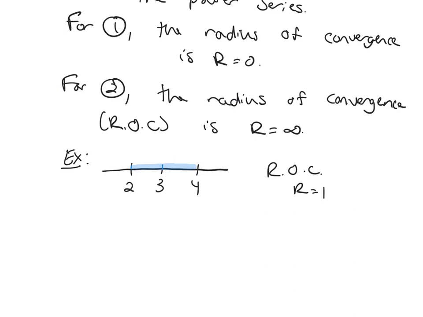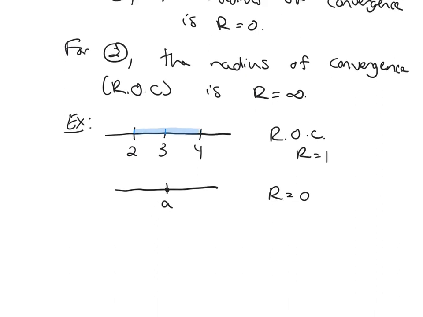If it converges for just a single value, then you don't really have an interval anymore. It's just a single point. And so that's why you're saying the radius of convergence is 0 here, as it's just a single point, there's no radius.